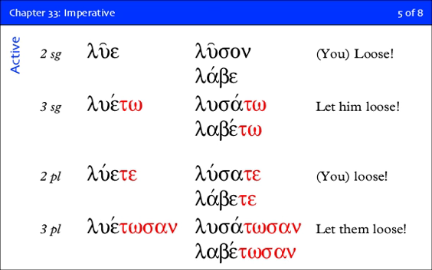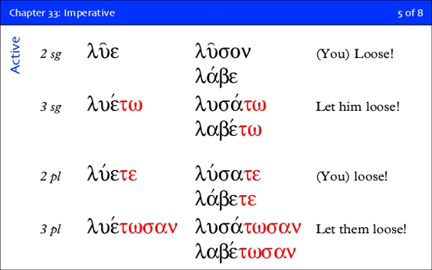It's labe. So once again, you look at labe. You see the epsilon and you go, second person singular imperative from lambano? There's no such word. Must be an aorist. See why you have to know your stems? Have to know your stems. Lusato, lusate, lusatosin. Second aorist, labeto, labete, labetosin. So there's your active imperatives.